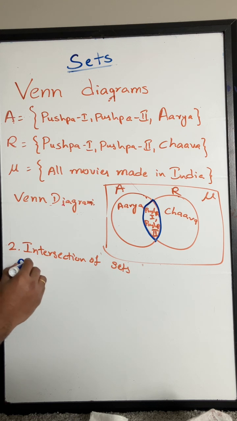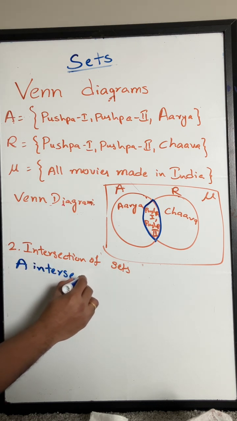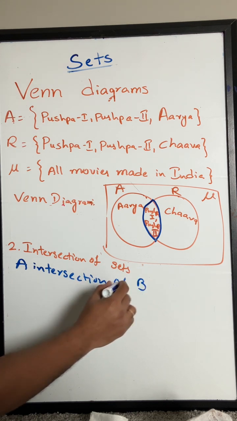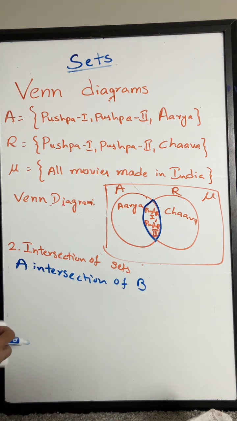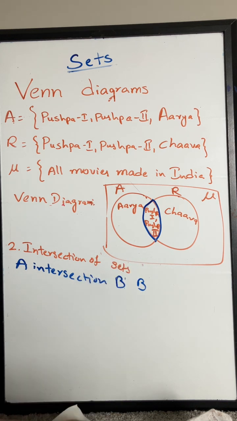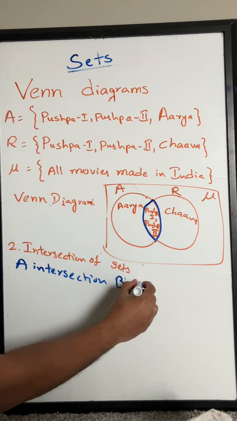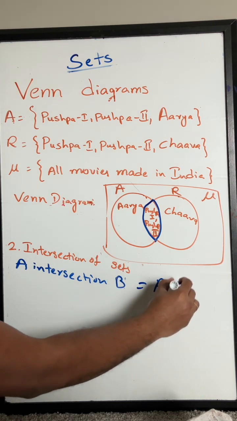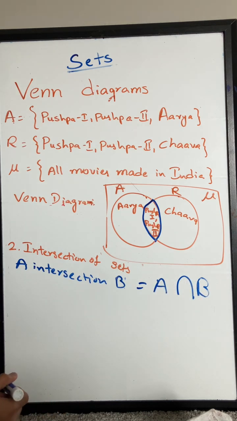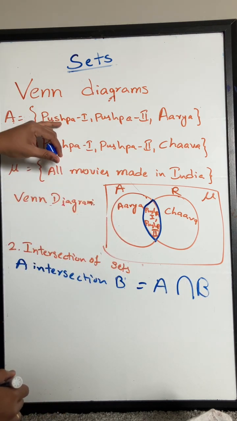how do we pronounce it? A intersection B. Rather than writing this long word intersection, we use this symbol. This is called intersection. Intersection is a common area, meaning the common movies.